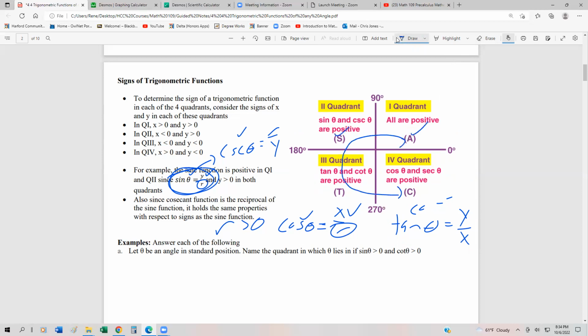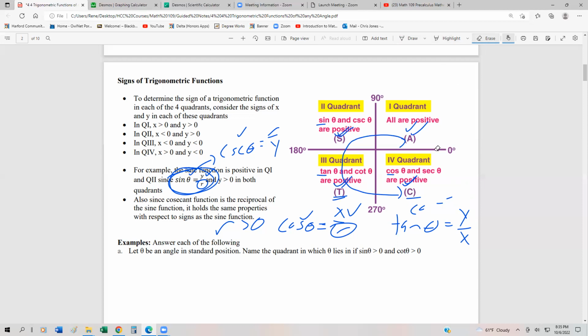What that tells you is which trigonometric functions are positive in each quadrant: all in quadrant 1, sine and cosecant in quadrant 2, tangent in quadrant 3, and cosine in quadrant 4.